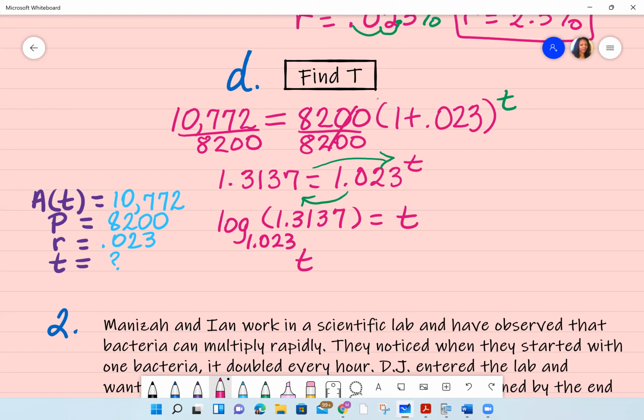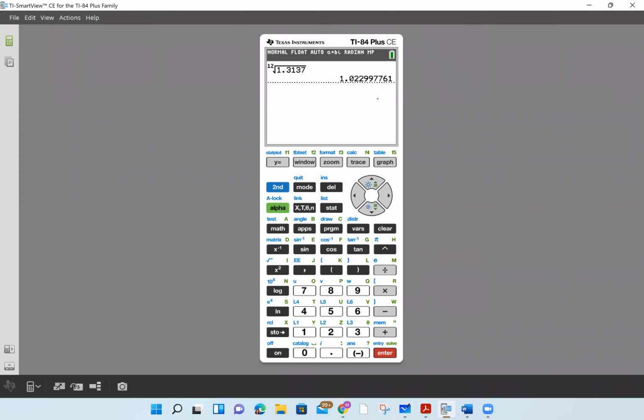Put this in a calculator. Let's do that. And you can't use this button. That means log base 10. We want to actually put our own base in. So math, and you can scroll all the way down until you get to A, which says log base, or you can just do math, alpha math. It means the same thing. Let's do that math, alpha math.